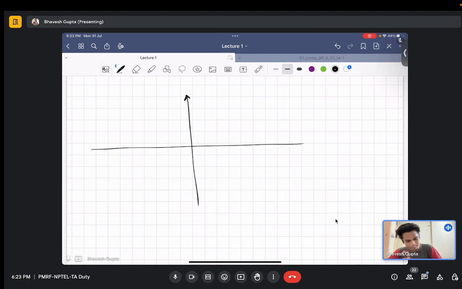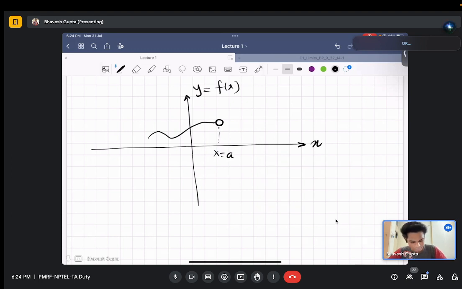Let's say we have this example. Let's say x, y equal to f(x). Something is happening there, and let's say I don't know what happened at this point. I just want to estimate. I know what happens at the other points, but I don't know what happened exactly at this point.